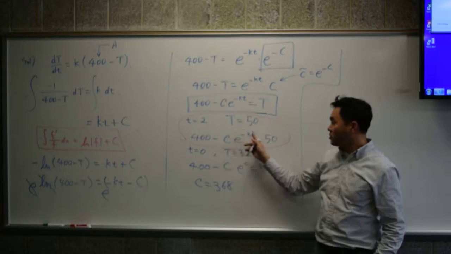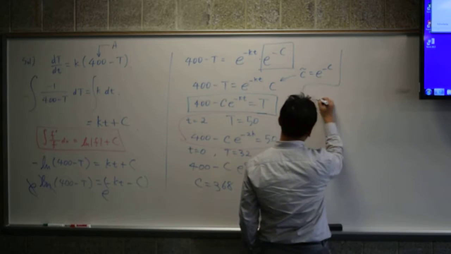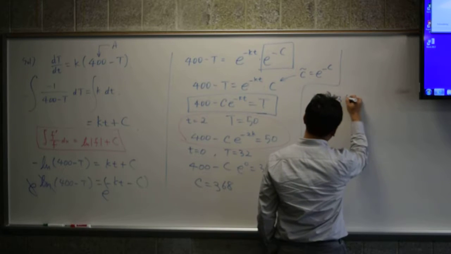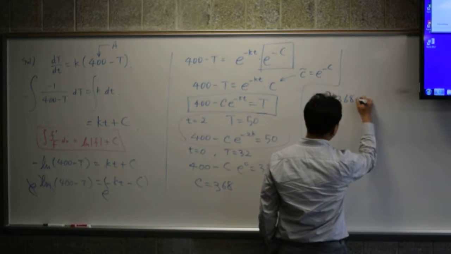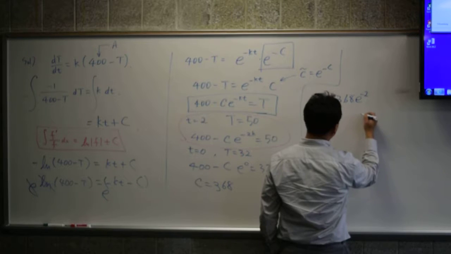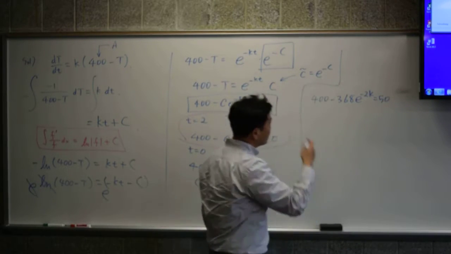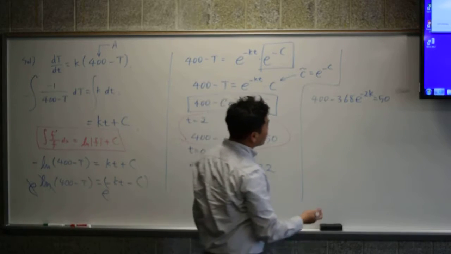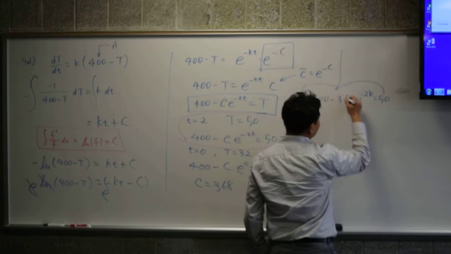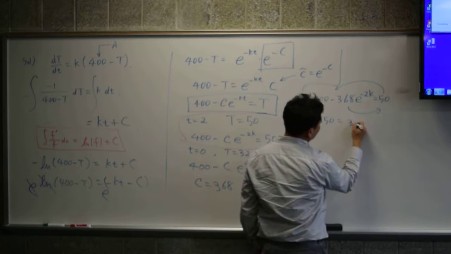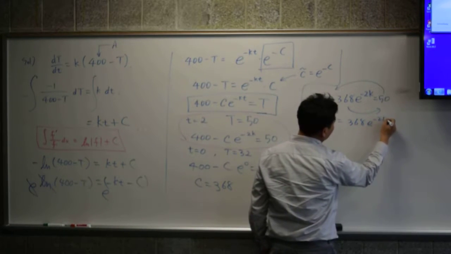Plugging this in here and solving for k, this is what I get: 400 minus 368 e to the negative 2k equals 50. Let's attempt to solve this for k by moving the 50 over here and moving that over there. So we get 350 equals 368 e to the negative 2k.